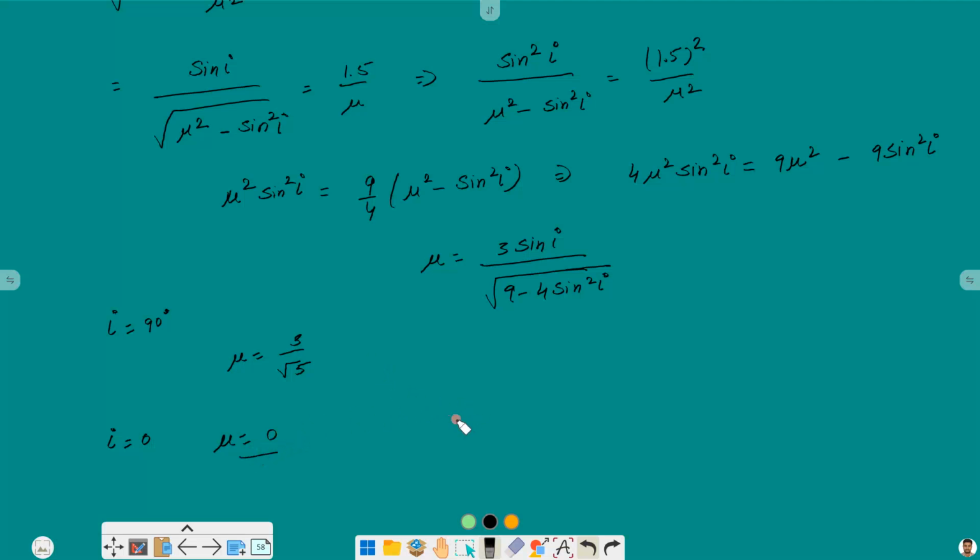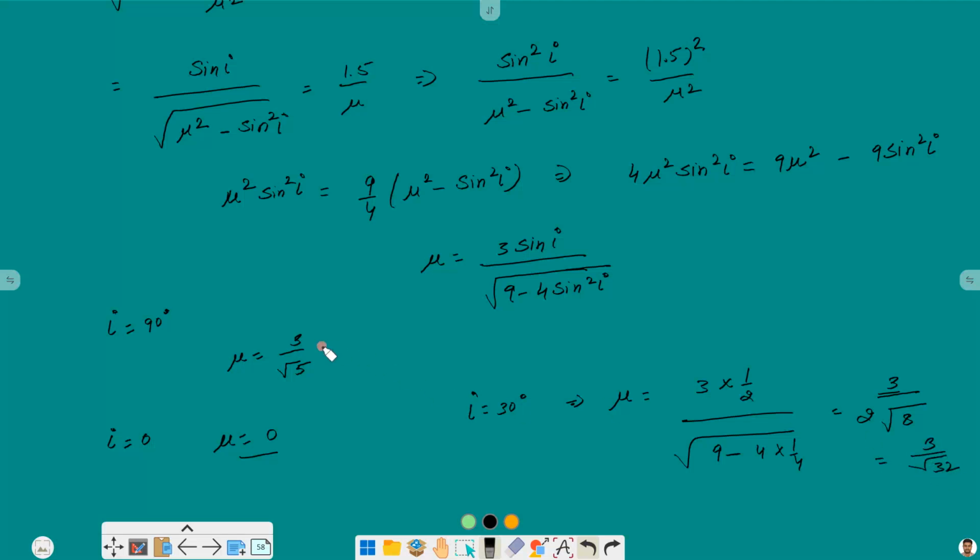Let us take some intermediate value. If I is 30 degree, then mu is equal to 3 sine 30, which is half, so that will be 3 by 2, divided by under root 9 minus 1 by 4 into 1 by 4. Sine 30 is half. And here we will get 9 minus 1, that is 8, so under root 8, and that can be written as 3 by under root 32.